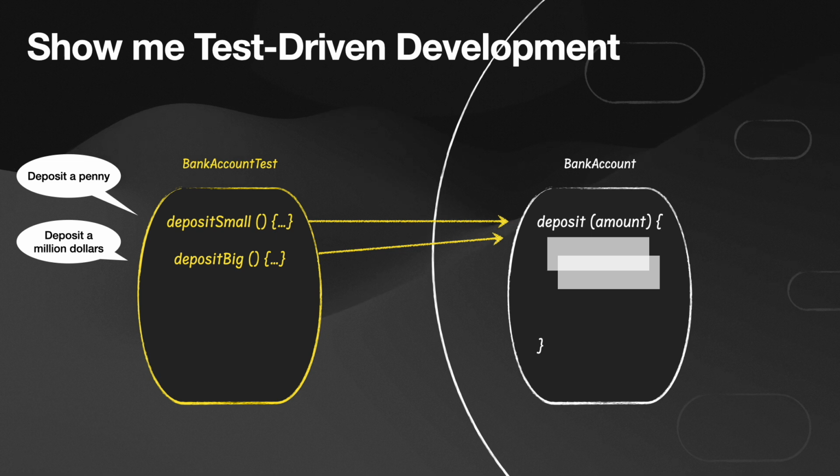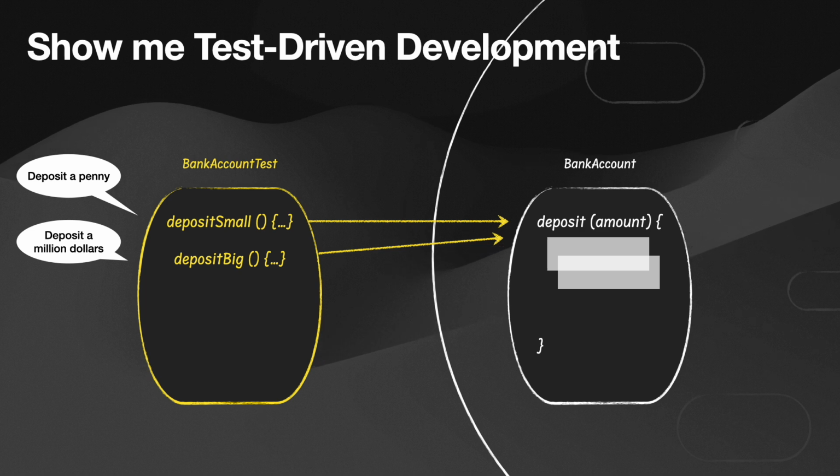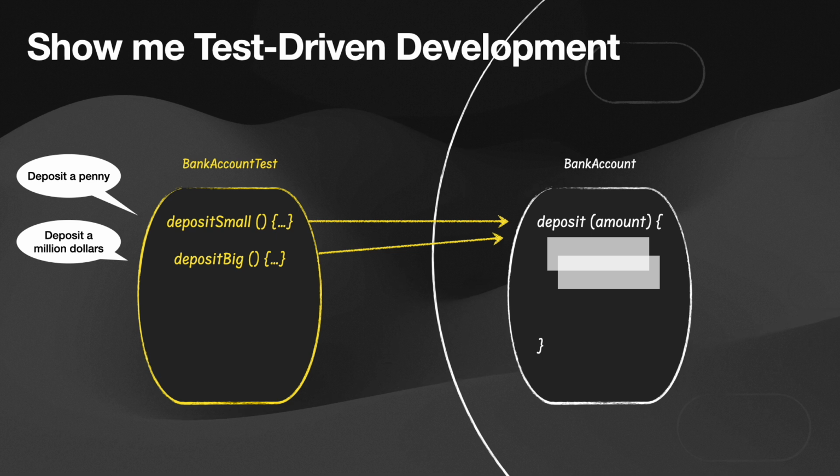We run the deposit big unit test because we're working on getting it to pass. We run the deposit small unit test because if it fails, we now know we've broken something in the deposit method implementation and we can now fix it right away. Let's say in our scenario both unit tests pass. Wonderful! Now we move on to the next unit test.